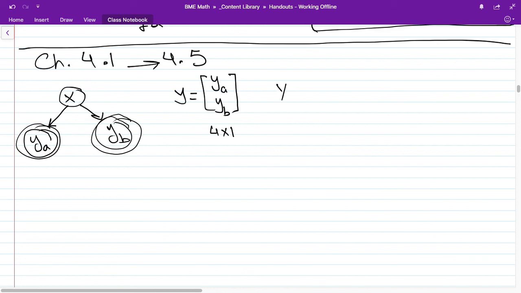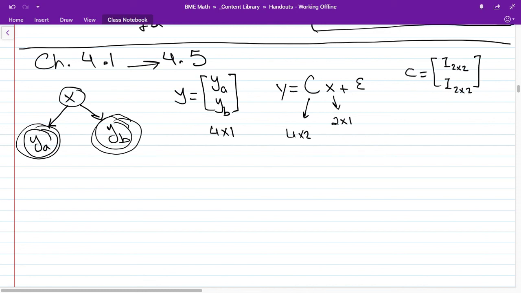You believe that this measurement is related to your actual position using this model. So X, your actual position, is a 2x1, and you believe that these GPSs are not biased. So what that means is that this 4x2 matrix looks like this: an identity matrix 2x2 and an identity matrix 2x2. So you believe that these GPSs are an unbiased measure of where you are.